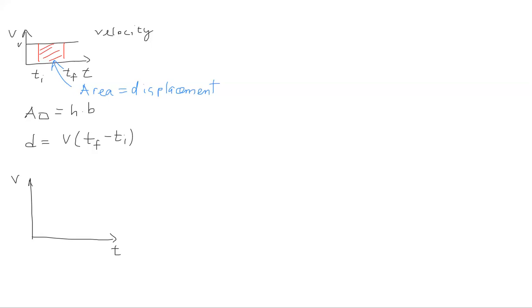Okay, so it's going to be a linear graph like that, and then again we're going to try to find the area. In this case, again, the same plane, we say that this area is equal to displacement.